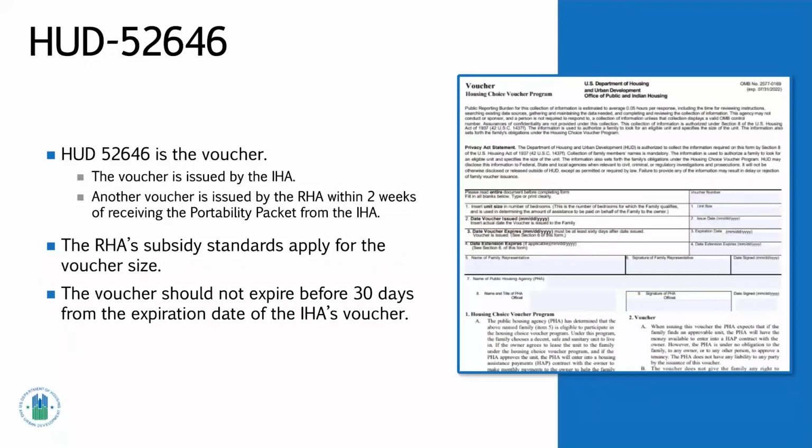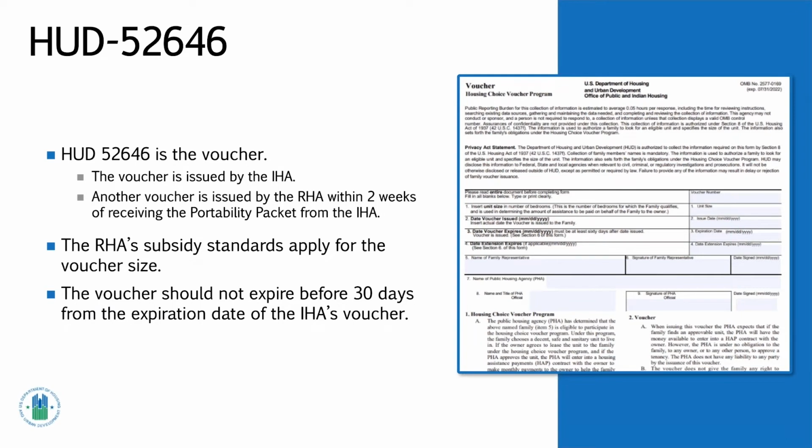The Form HUD 52646 is the voucher issued to the family by the initial housing authority. Another voucher is issued by the receiving housing authority within 2 weeks of receiving the port packet. The subsidy standards in the receiving housing authority's jurisdiction will apply.